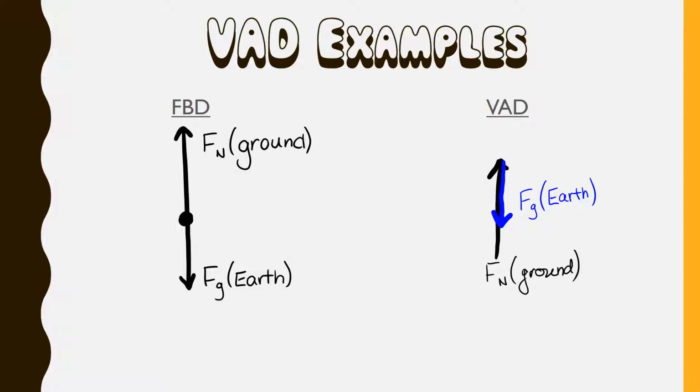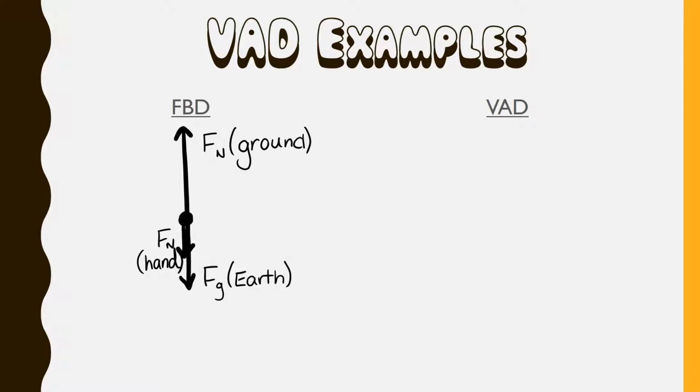Let's look at some examples where I have arrows that aren't just up or down. Actually, we're going to do one more example, and this one's going to end up being balanced. This is really similar to a diagram that we had in class. And so I have my upward arrow that shows the normal force from the ground.